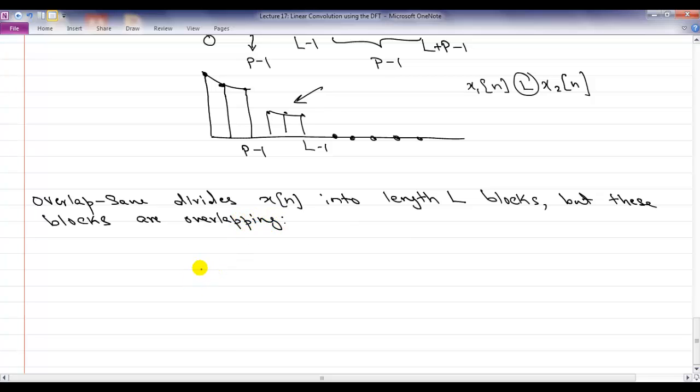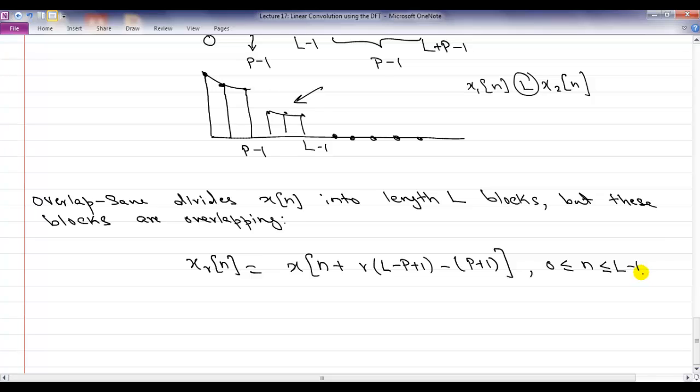So these blocks are given by x_r[n] equals x[n + rL - P + 1], for 0 less than or equal to n less than or equal to L minus 1. Effectively, what this is saying is that instead of starting at rL, which was previously, if this was your sequence, I'm only drawing indices.